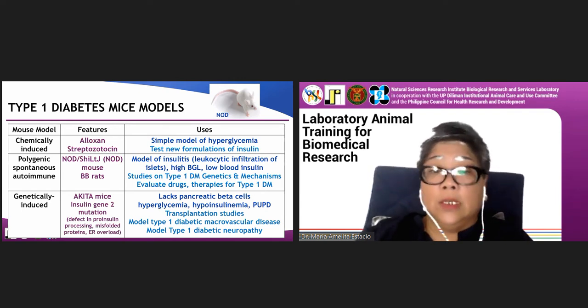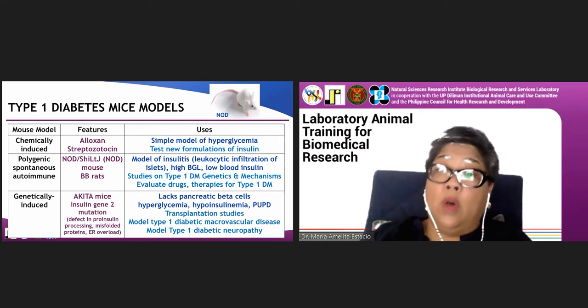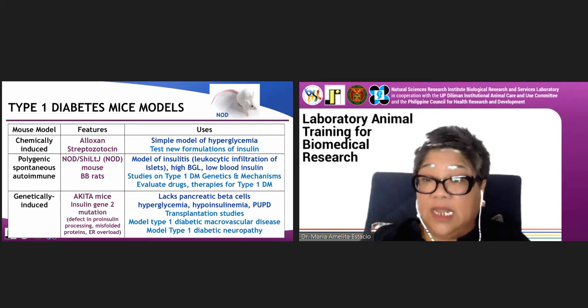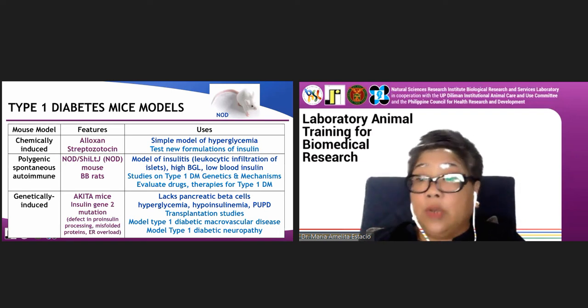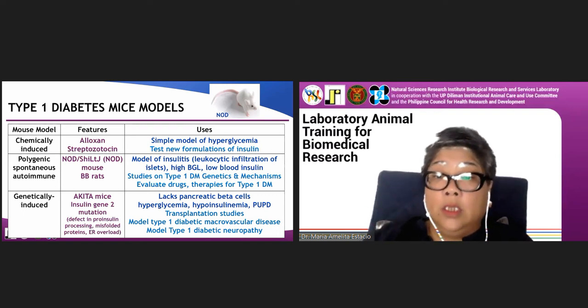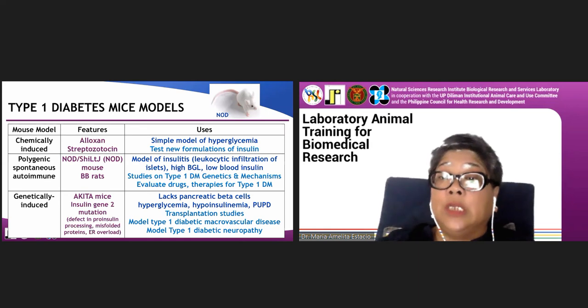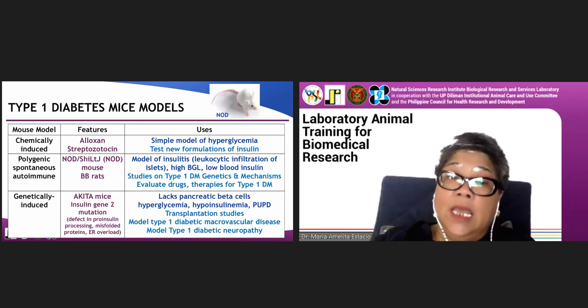So the animal would have a high BGL, insulinemia, so very low or non-detectable insulin levels, and we have the polyuria polydipsia syndrome. So increased urination and increased drinking of the animal. And this is the biomedical model to be used for transplantation studies, specifically of the pancreas.